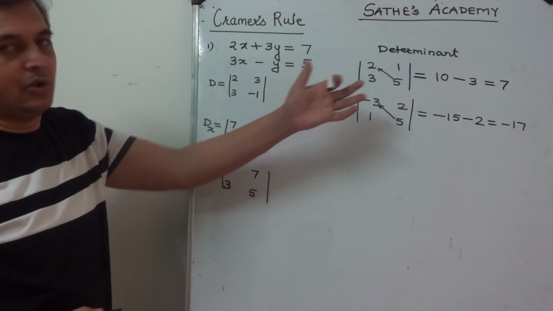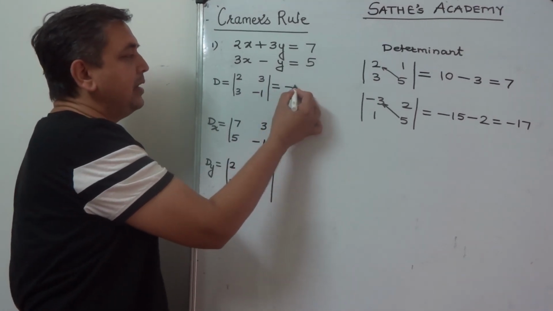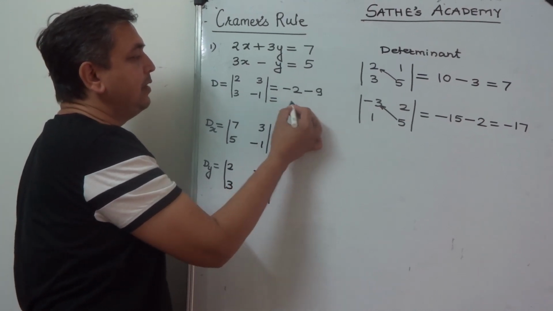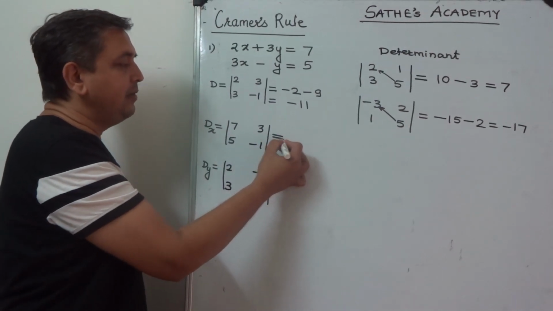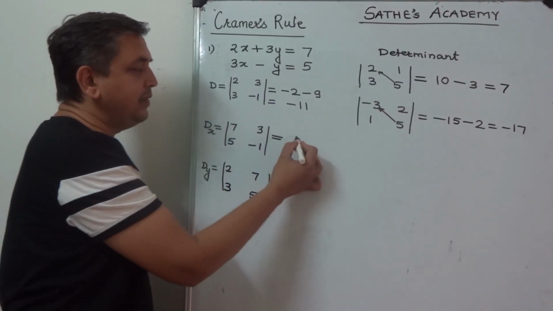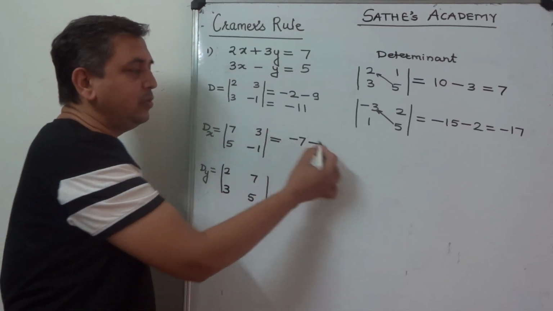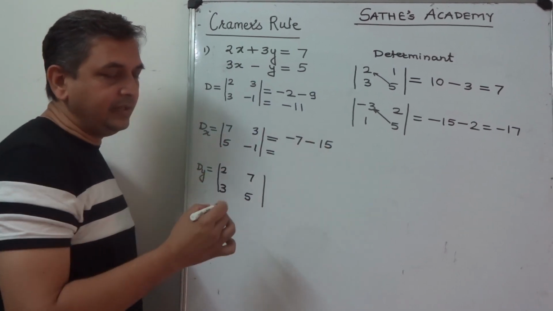Now just we have to solve these determinants. So the value of D will be minus 2 minus 9, that is equal to minus 11. Value of Dx will be equal to minus 1 into 7 is minus 7, minus 5 into 3 is 15. What is minus 7 minus 15?